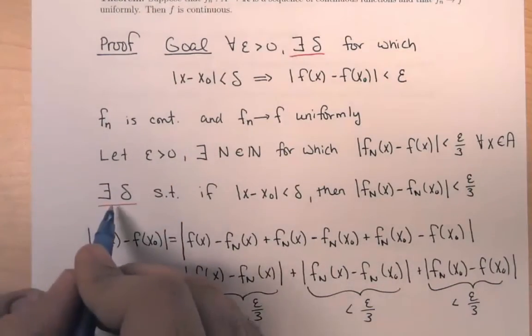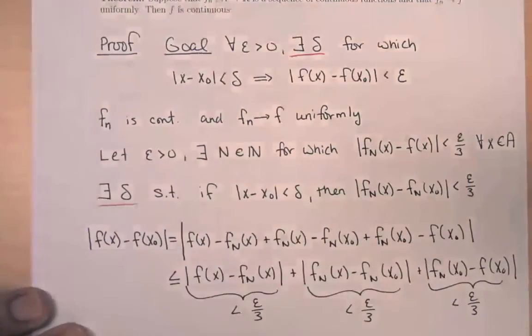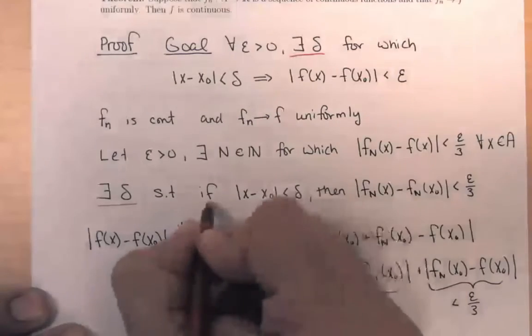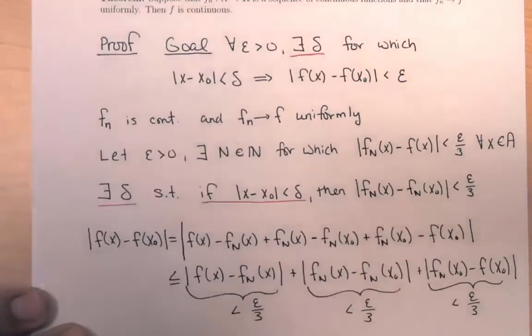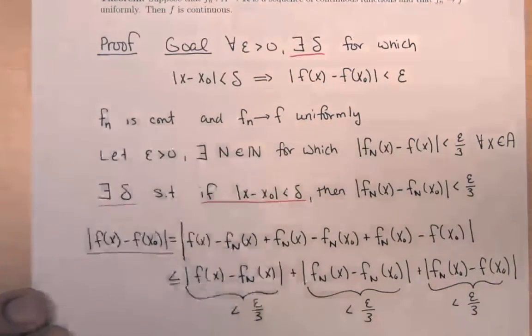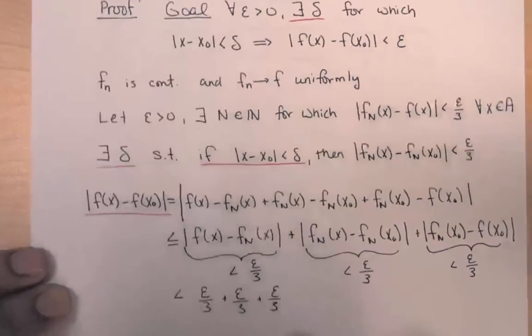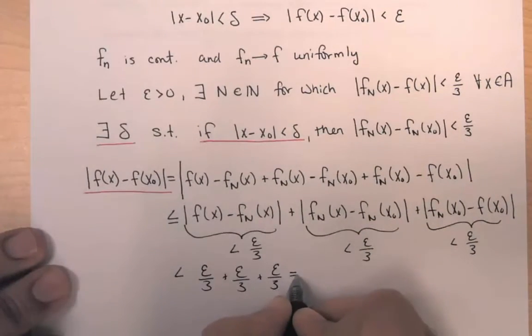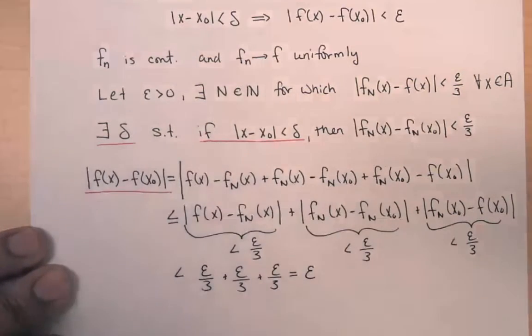Therefore, there exists a delta, and if |x minus x naught| is less than delta, then |f of x minus f of x naught| is less than epsilon over 3 plus epsilon over 3 plus epsilon over 3, which is equal to epsilon.